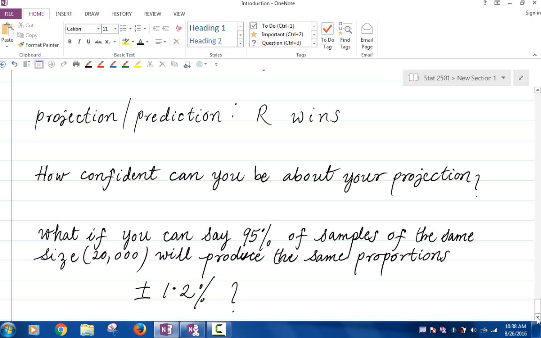If this error is 6%, then no one should listen to you, right? But if it is only 1.2%, then from 95% of the samples, you'll see that Roosevelt is winning. Okay, so that gives you the confidence to say that Roosevelt is going to win. Of course, it's 95%, not 100%. Right? Is that okay?